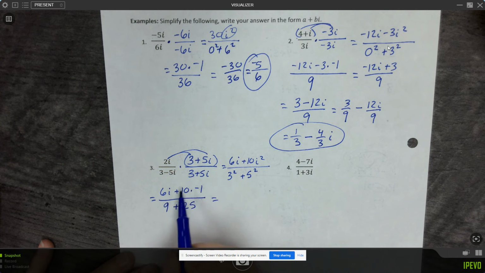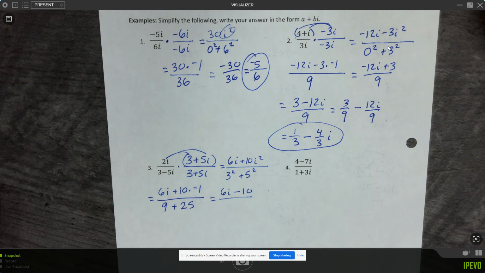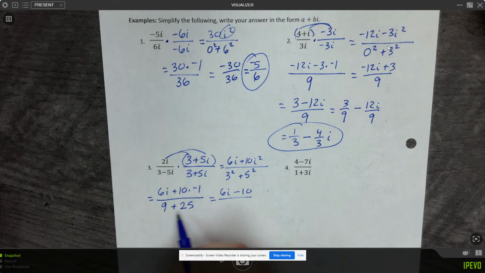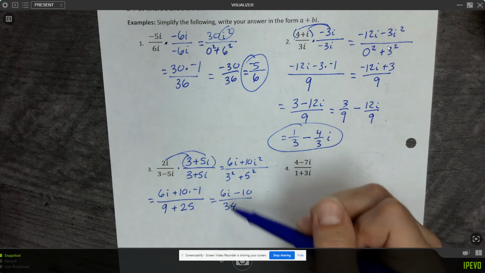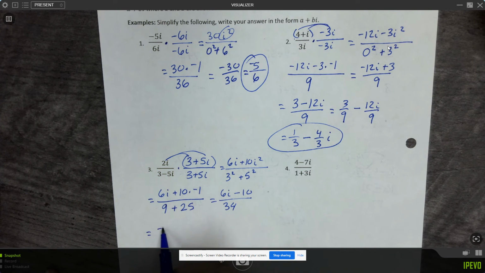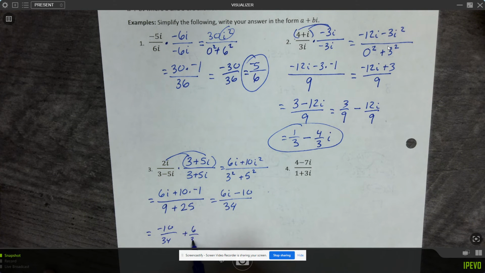In the top, you can then simplify. So 6i minus 10, and then you can simplify your denominator. 9 plus 25 is 34. Now your numerator is in the wrong order, and you also could split it up into its 2 fractions. So I can do negative 10 over 34 plus 6 over 34i.